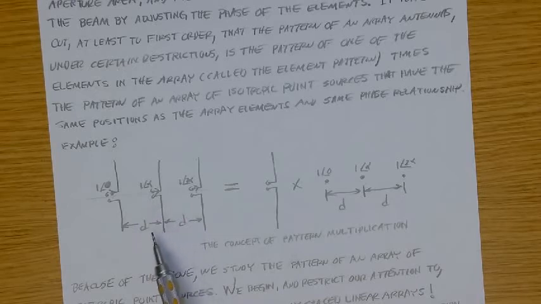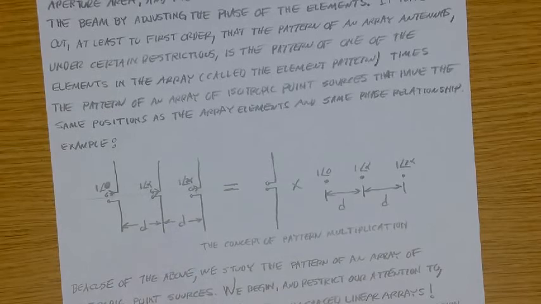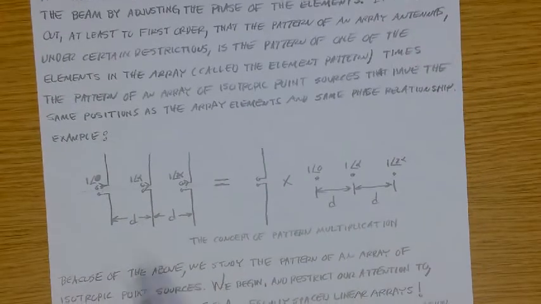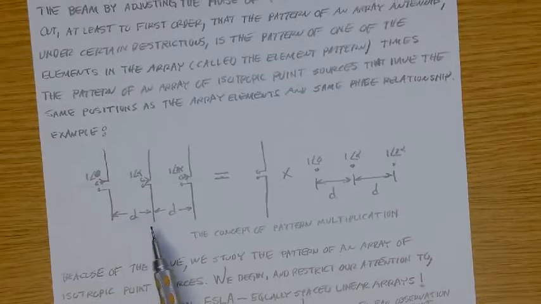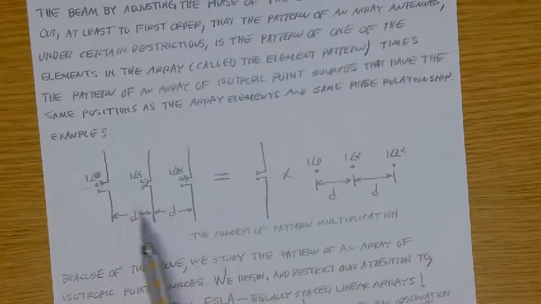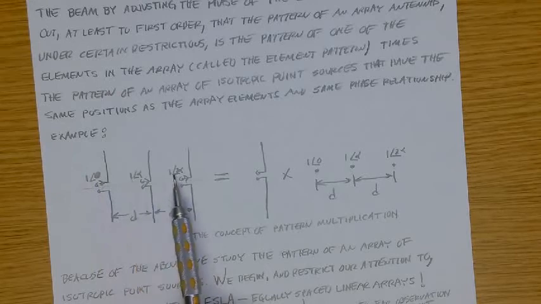But for now, let's take the simple case, and the simple case basically contains everything that we need to know anyway, at least at this level. We could dig into it in a deeper way later on. But in any event, the spacing between elements is going to be uniform, and the amplitude of the elements is going to be the same.